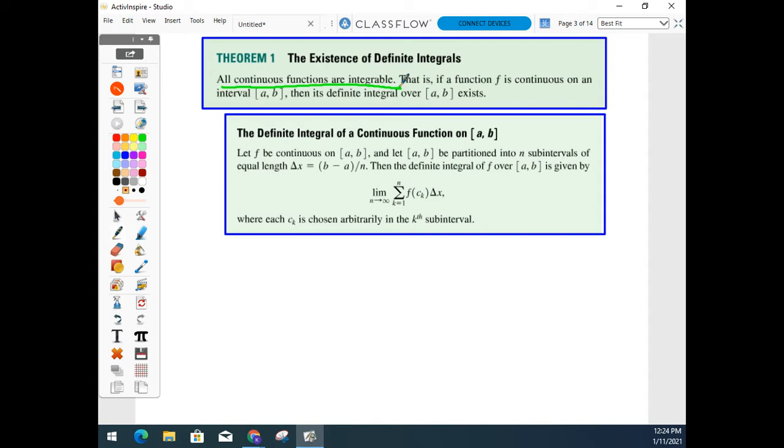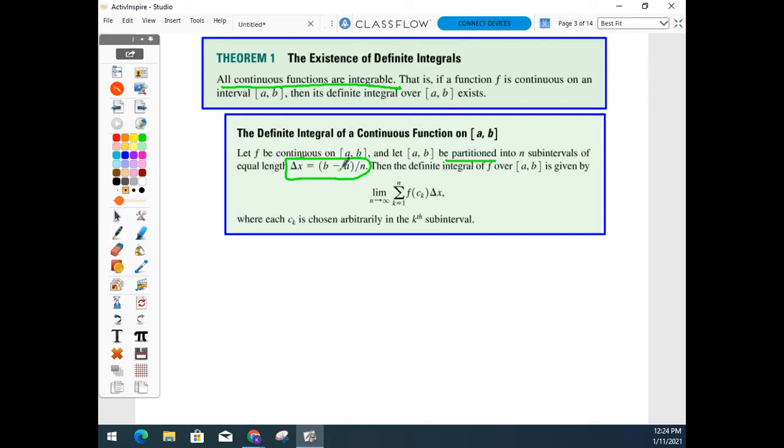So just like we want to take our partitions, we're going to partition into n subintervals of equal length. Remember how we found our width? It was just the change in x. So b minus a divided by the number of partitions, n subintervals.